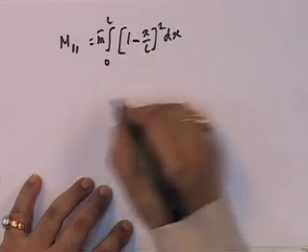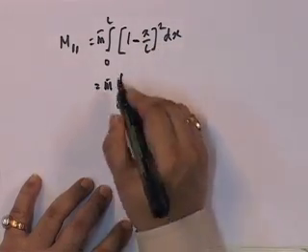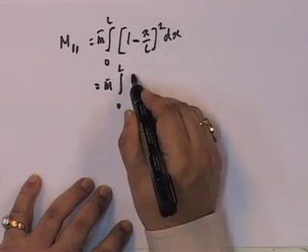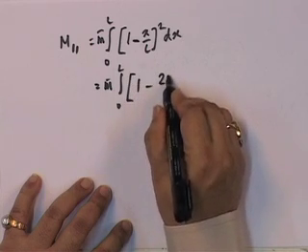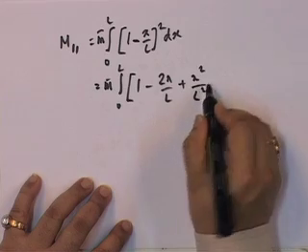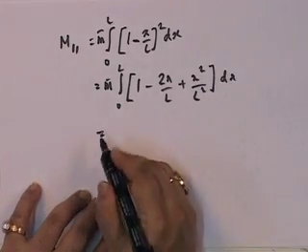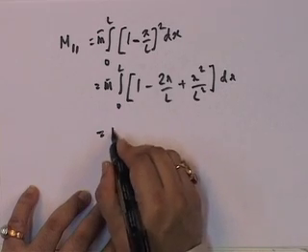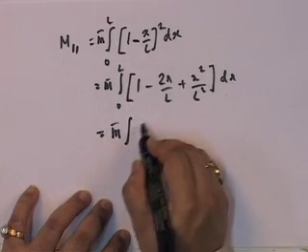Then, if I derive this, m bar integral from 0 to L of 1 minus 2x by L plus x squared upon L squared dx.